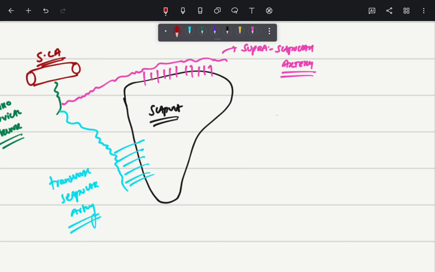And not only that, the subclavian artery will eventually continue as the axillary artery.